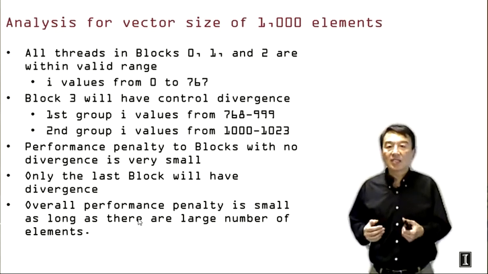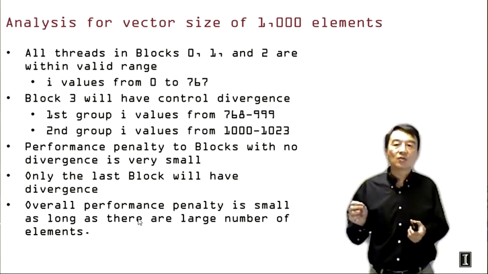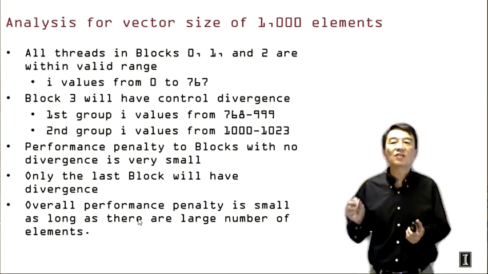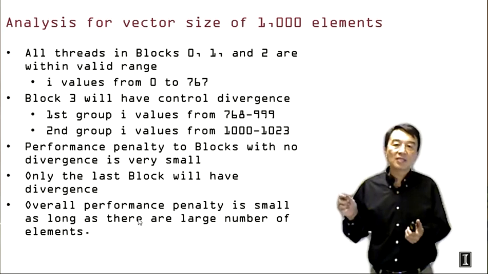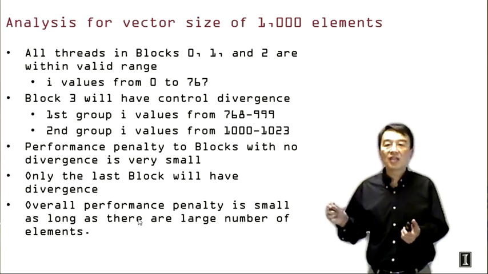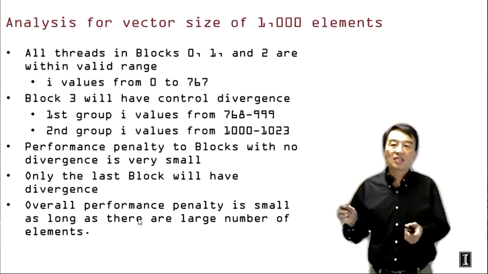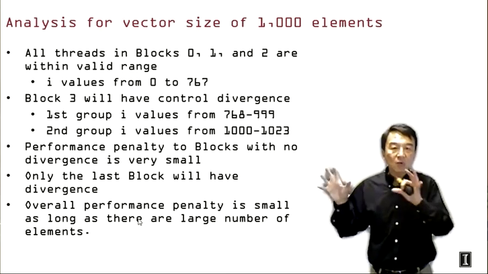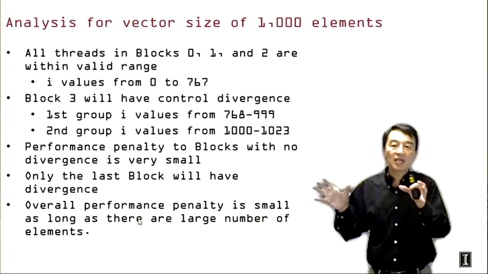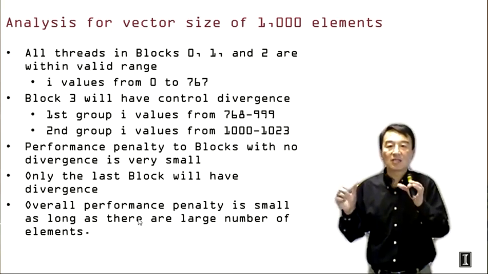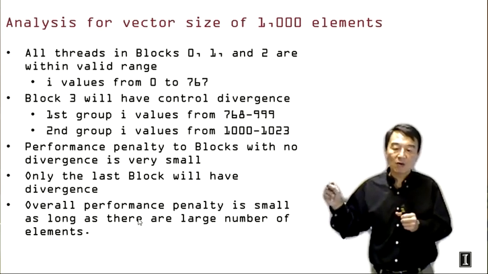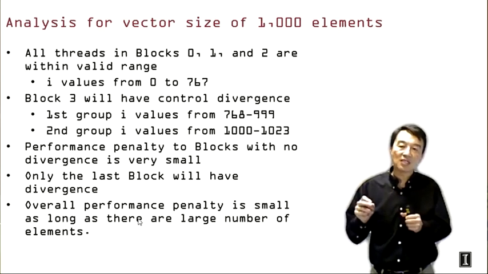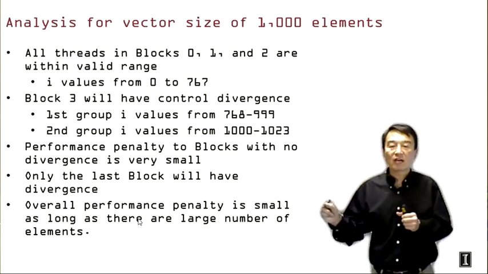So all the threads in blocks 0, 1, and 2, assuming that we're using 256 threads in a block, are within the valid range. That means that all the threads in all the warps in those blocks will be taking the then part of that if-then-else statement. So for all the i values from 0 to 767, there will be no control divergence.